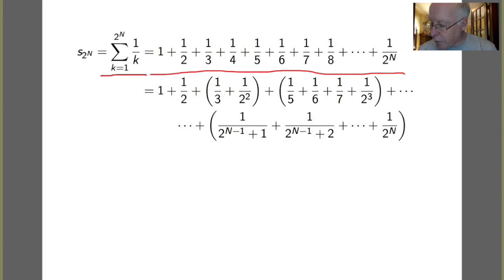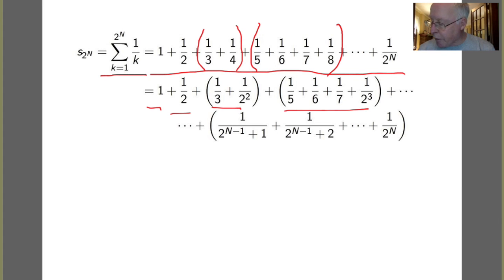So we're going to leave the 1 and the 1/2 out in front. We'll take the 1/3 and the 1/4 together. And then we're going to go from 1/5 to the next power of 2 reciprocal. That's 1/8 or 1 over 2 cubed. And we're going to keep grouping things like this, as we see here and here.